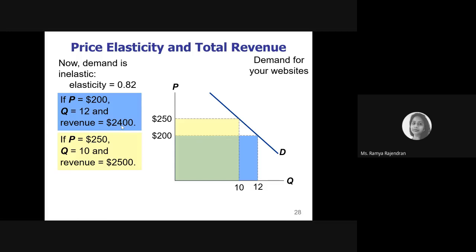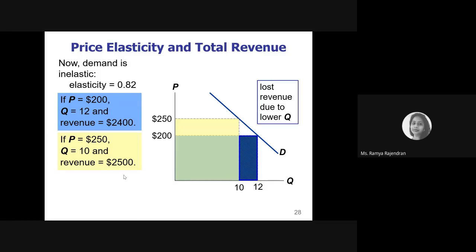Earlier the number was 8. Remember, in the previous example, the number was 8 because the elasticity is greater than 1. Here the elasticity is less than 1, so it becomes 0.82, and the number becomes 10. Because of this, my revenue is increasing.